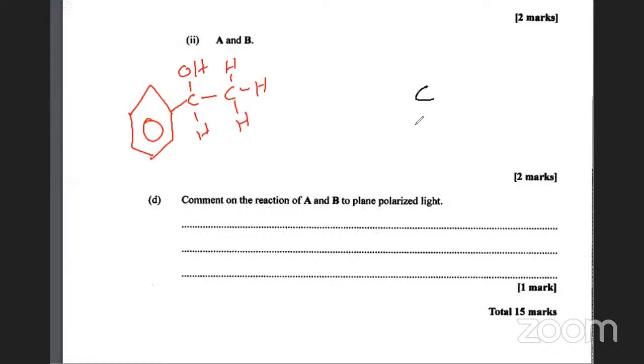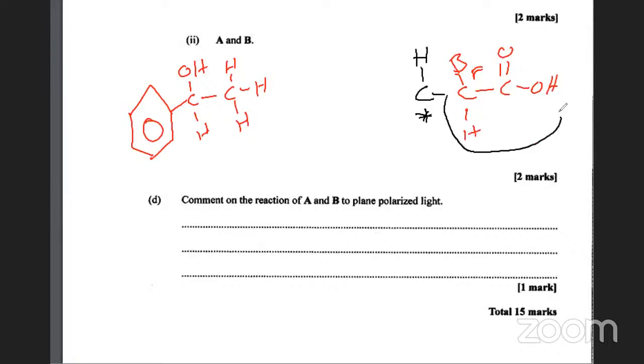And let me remind you, when you're looking for a chiral carbon, you're not looking for an atom that is directly attached to the carbon, all right? So if I am assessing if this is a chiral carbon, everything on this side is a group, all right?